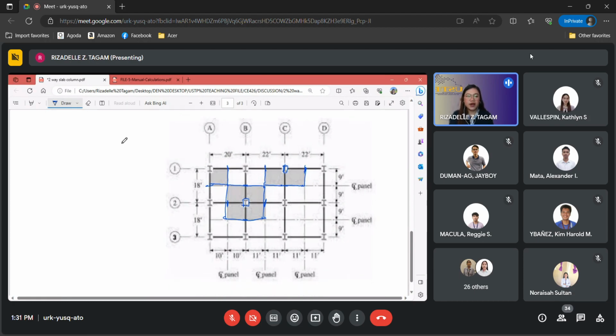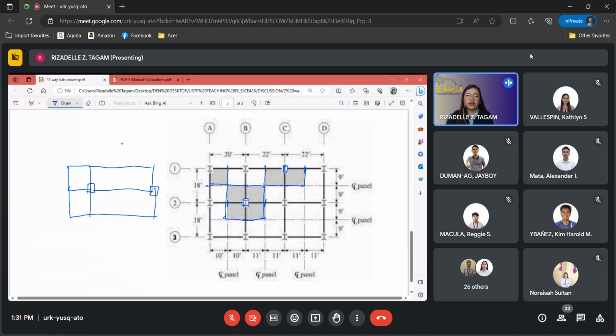Lahi ang sa slab, lahi ang one way, lahi ang two-way, lahi ang column. Regardless of your dimension, basta kay katunga. Yapon. So, na kay column dire, and then this area is luag.